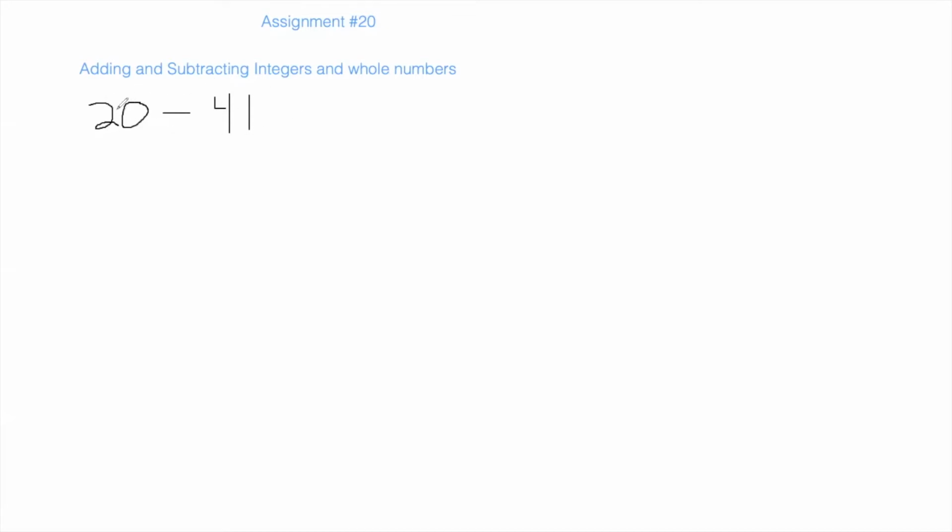This first one is a positive number. The second one is a negative number because there's a subtraction sign in front of it. So if you have a positive 20 and a negative 41, 20 of the positive will cancel out 20 of the negatives. This number is going to go down by 20, and you're left with a negative 21. That'll be your answer.